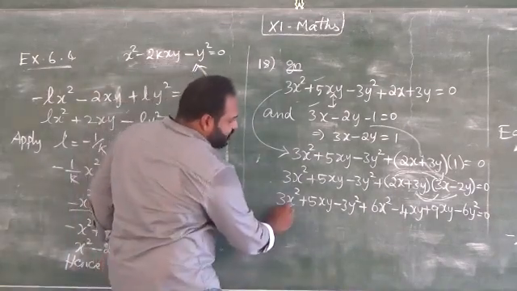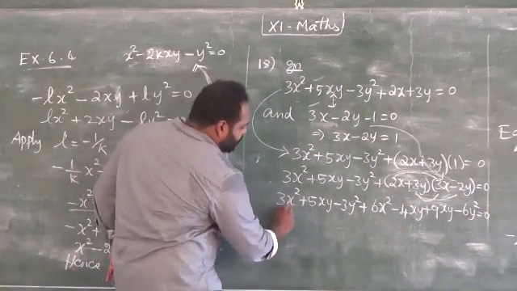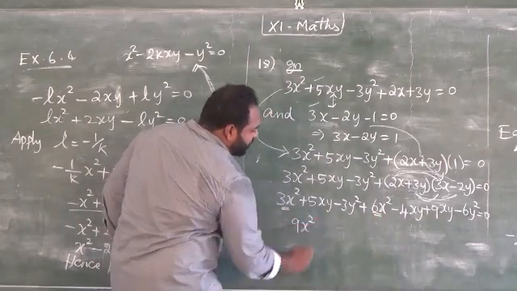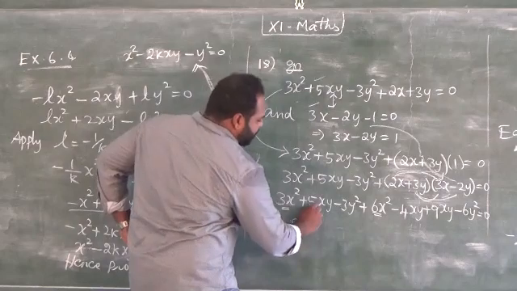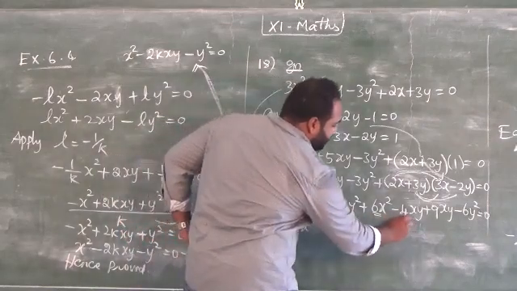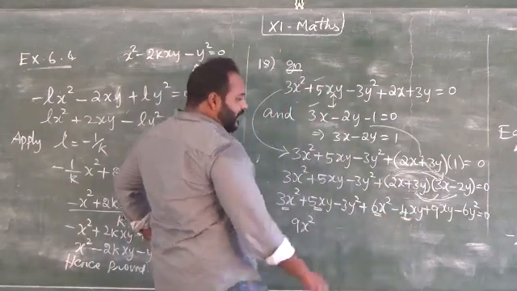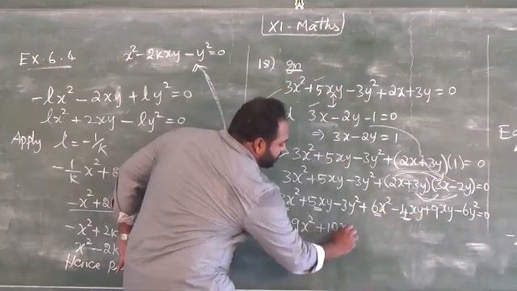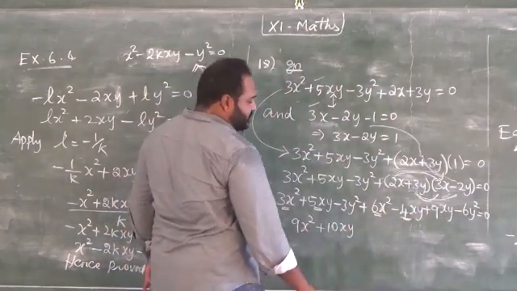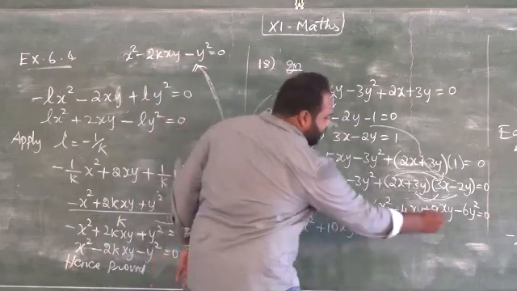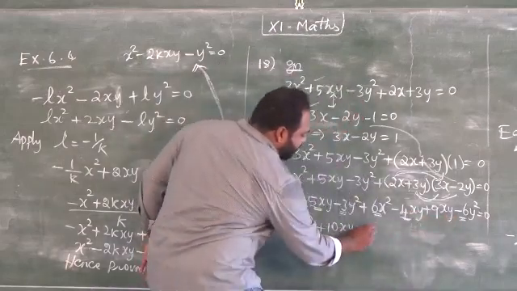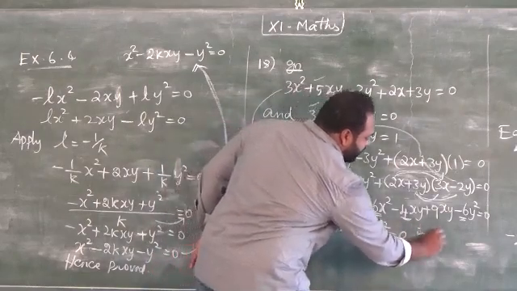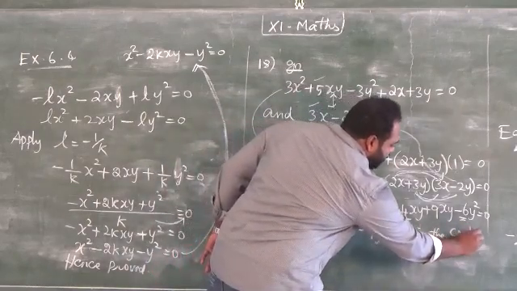The x square term: 3x square plus 6x square is 9x square. Next the xy term: 5xy minus 4xy is xy, plus 9xy is 10xy. Next the y square term: here we have minus 3, here minus 6, so minus 9y square equal to 0 is the combined equation.